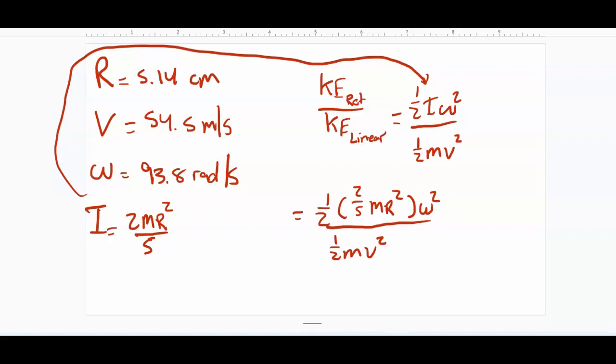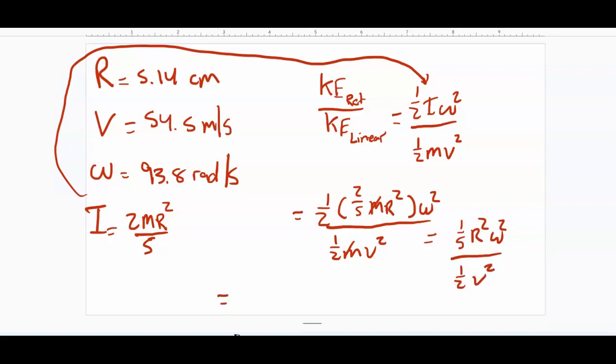The mass actually cancels out, so I don't actually need the mass to do this question. 1/2 times 2/5 is 1/5. So I have 1/5 times r squared omega squared divided by 1/2 v squared.